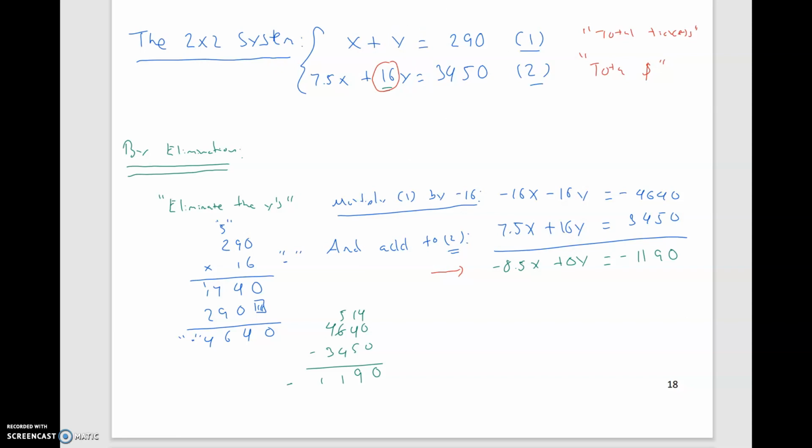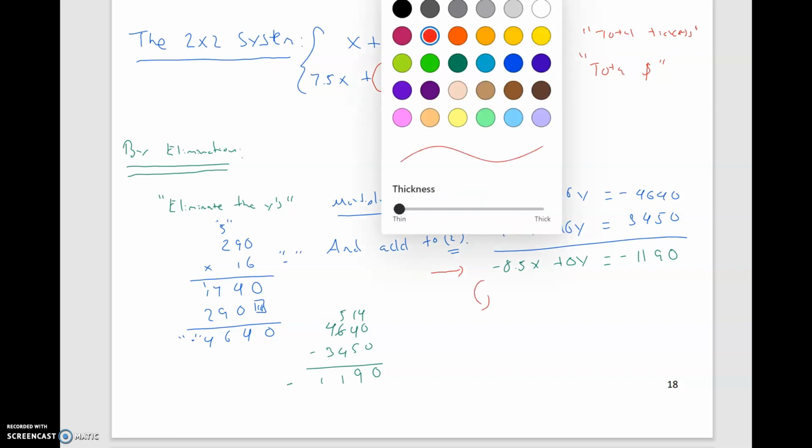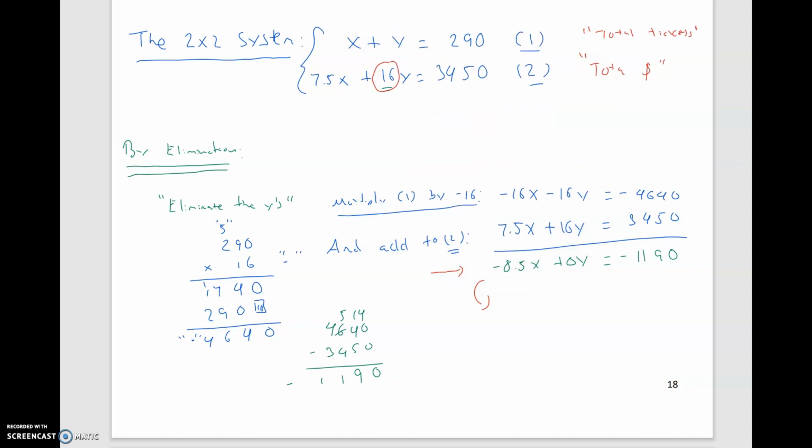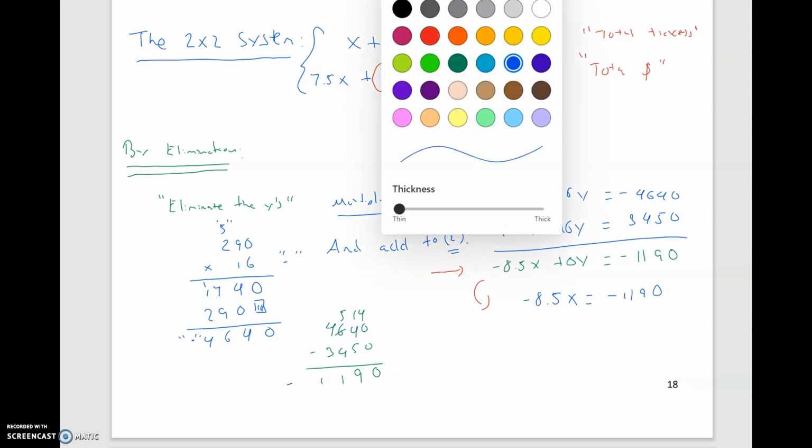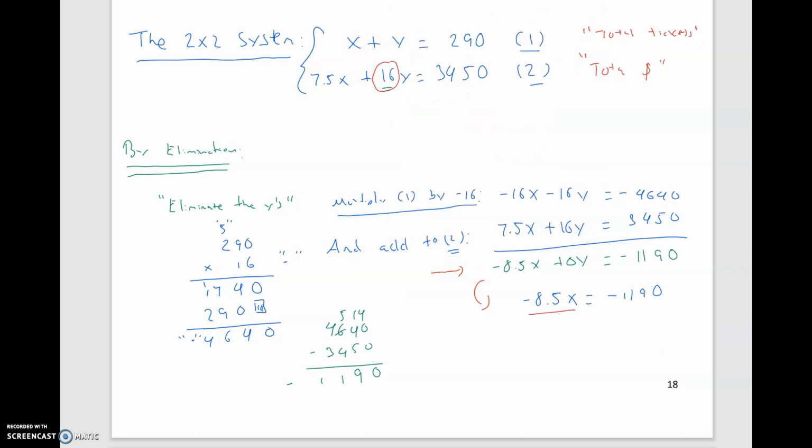So this is our resulting, technically, equation, which is pretty good because at this point, your y's are gone. So negative 8.5x is equal to negative 1190, and let me divide by negative 8.5.